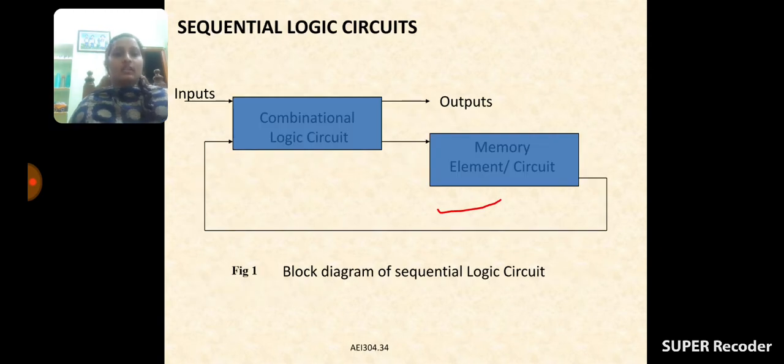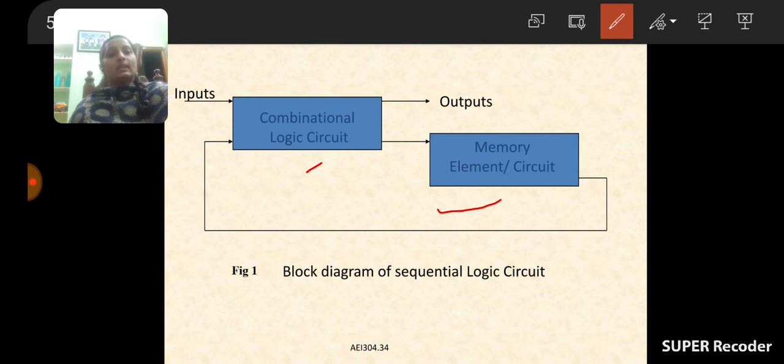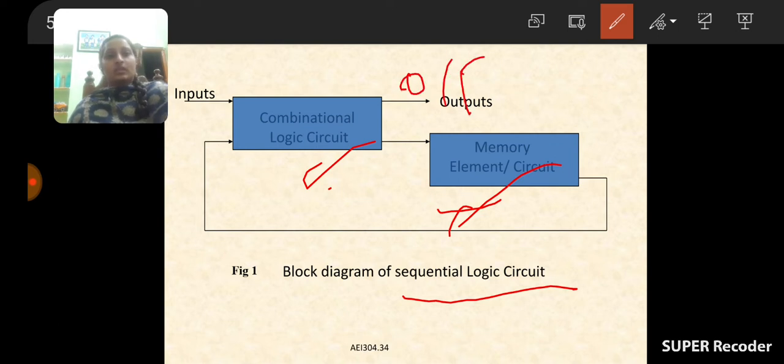So this is the block diagram of a sequential logic circuit. Here, the combinational logic circuit plus memory elements make the sequential logic circuit. In combinational logic circuits, the present output depends only on the present input.